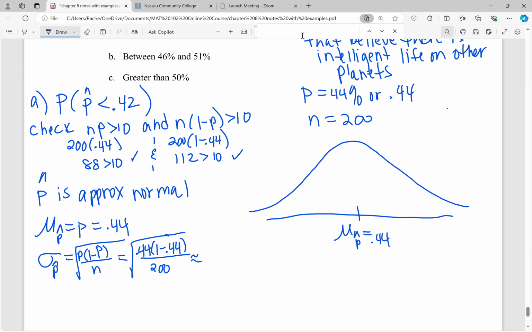And I want you guys to plug that in the calculator. So we're taking the square root of 0.44 times 1 minus 0.44, and we're dividing that by 200. And we get about 0.0351 for the standard error.